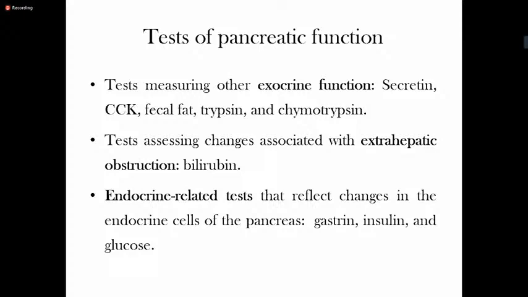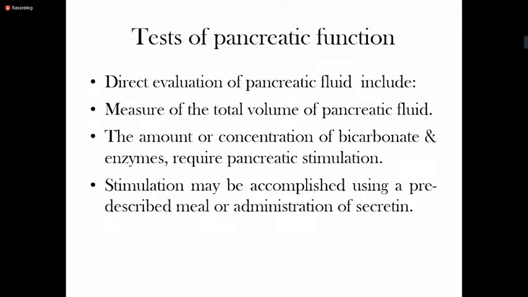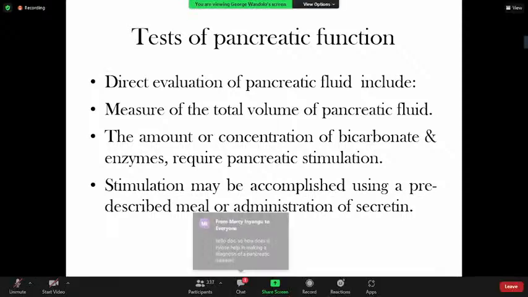For malabsorption, we must test for bilirubin. Endocrine-related tests that reflect changes in the endocrine cells of the pancreas include gastrin, insulin, and glucose. Direct evaluation of the pancreatic fluid includes a measure of the total volume of pancreatic fluid.